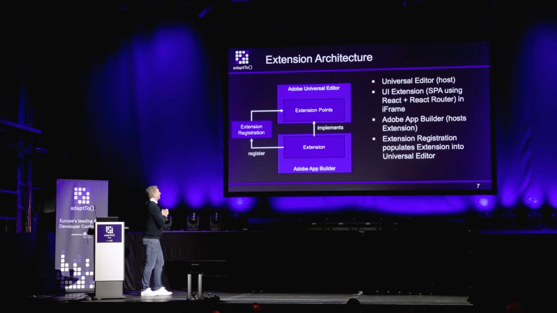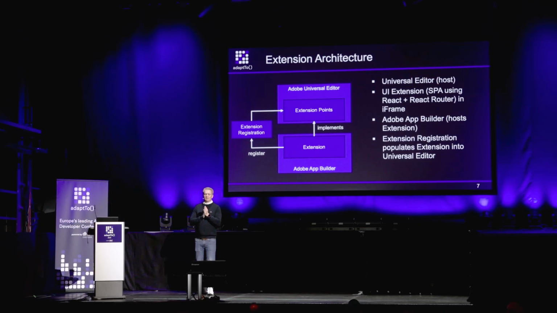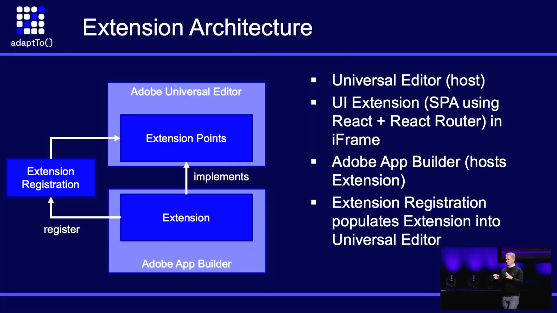I want to talk a little bit about the architecture. The host application, in this case, is Universal Editor. I will also talk a little later about other host applications which Adobe has. Universal Editor has some extension points, and those extension points define what you can do with your extension. So you start to create your own extension, implementing those extension points.